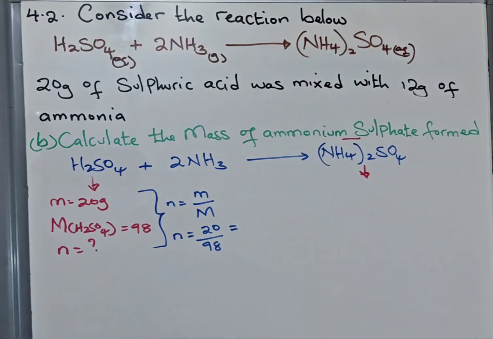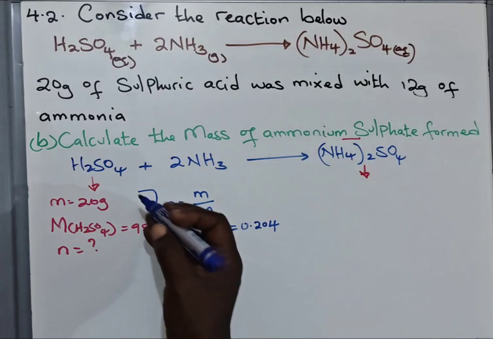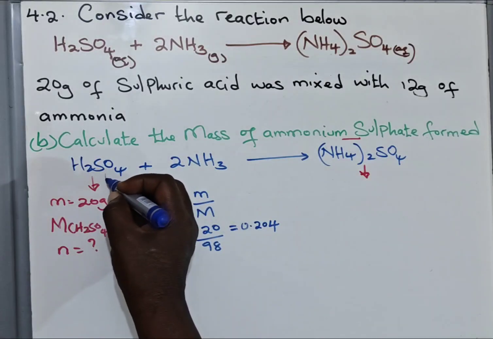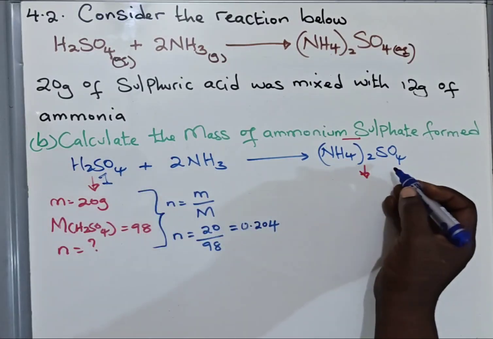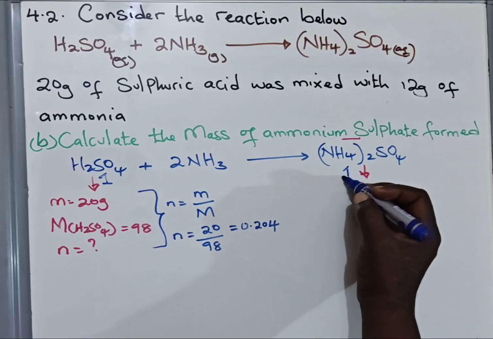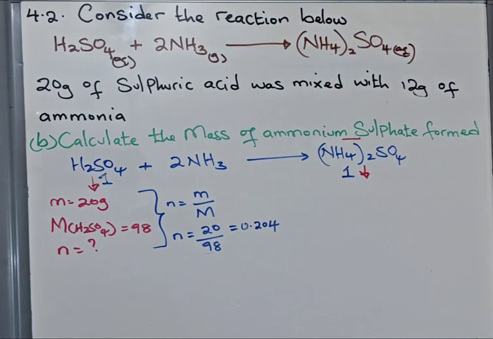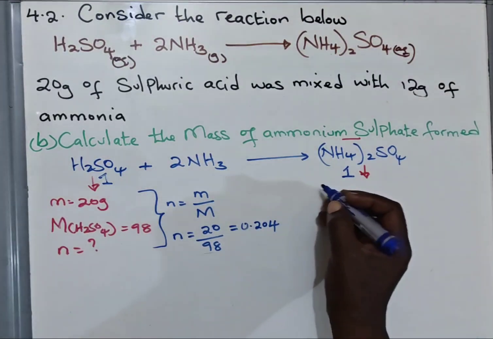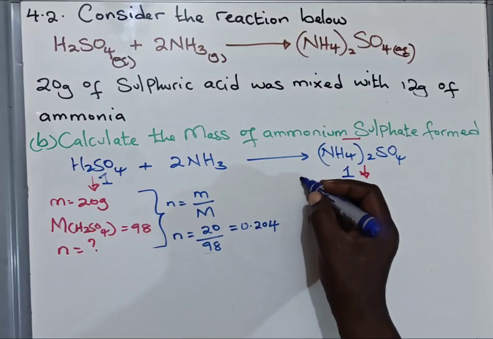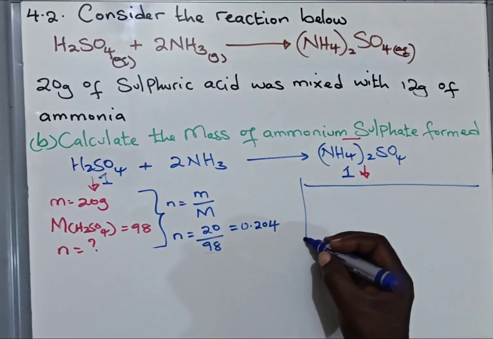And yeah, so we have this number of moles. And this is what you have to know, that from the equation, this is 1, and what we have this side is also 1. So from here, we set up the ground for comparison.